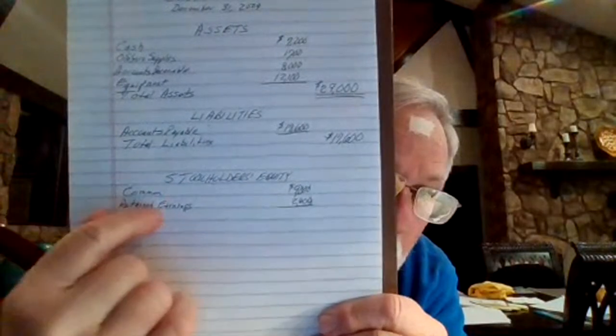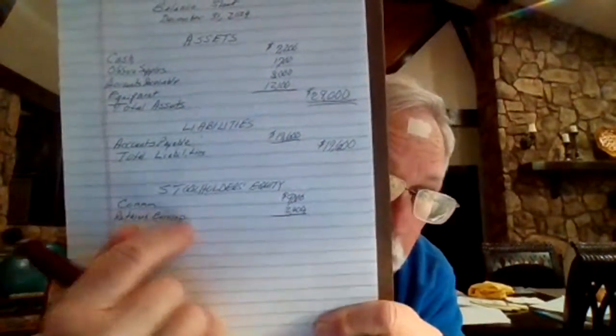And retained earnings at the end of the year is, what do I do with that paper? $2,400. So I list the common stock and the retained earnings as of the end of the year from the statement of retained earnings.